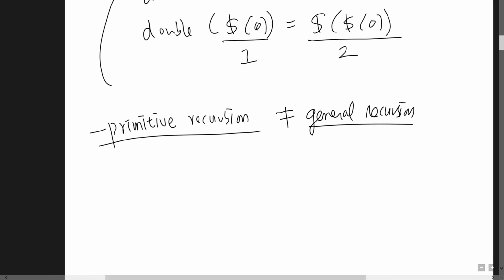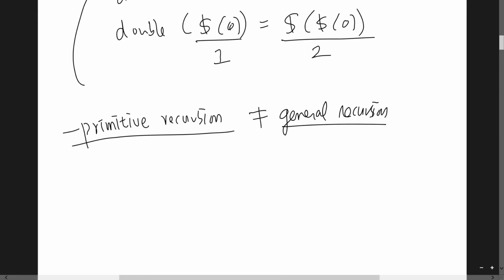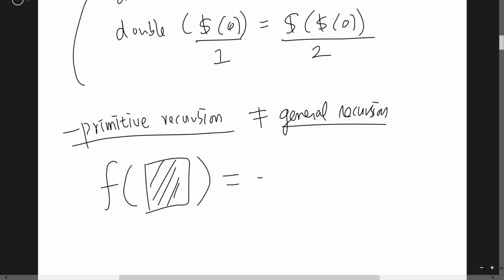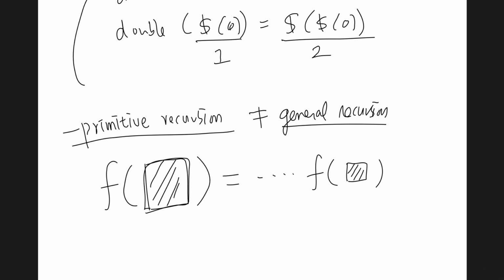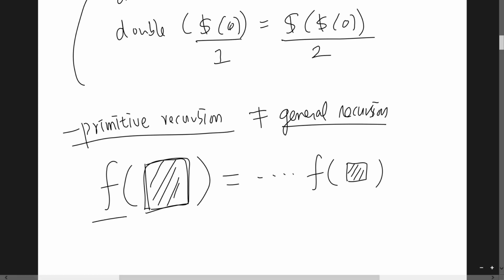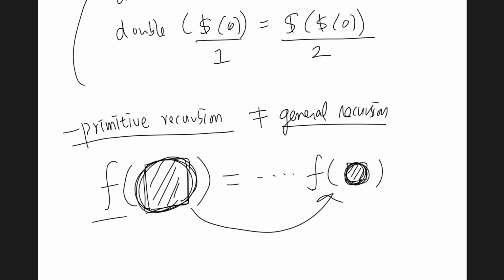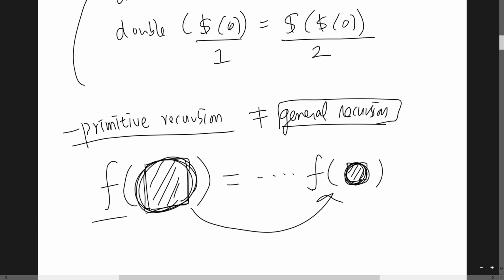So in other words, if you call this recursive function f with some argument, inside this function call, you may make another recursive call, but the argument is strictly smaller than the original argument. And it is guaranteed that the recursive call eventually terminates, because every time you make a recursive call, the argument decreases in size. You have something large here, but you have something smaller here. So primitive recursion has the property that recursive calls eventually terminate, unlike general recursion.